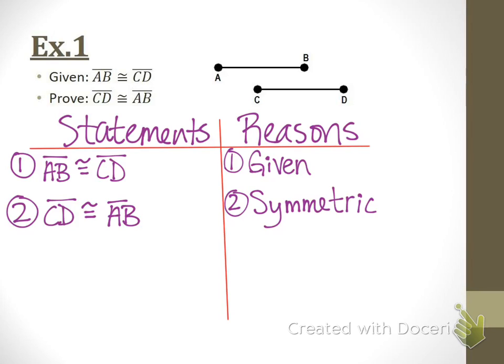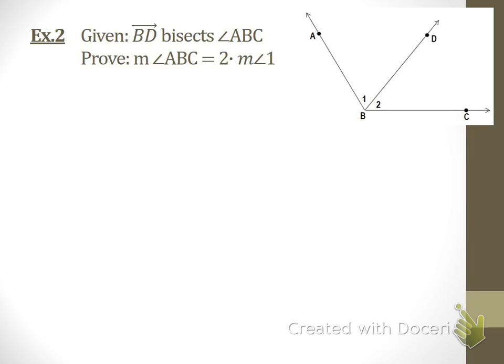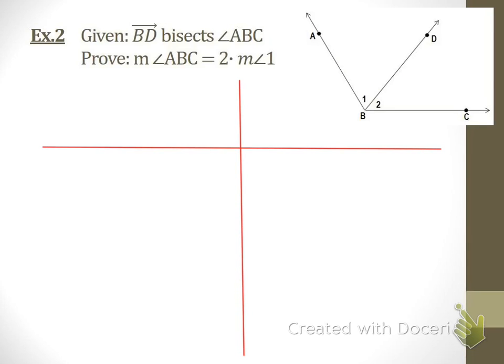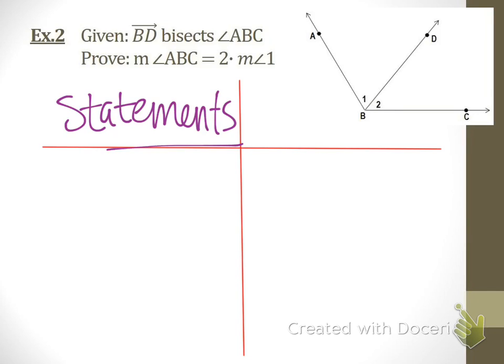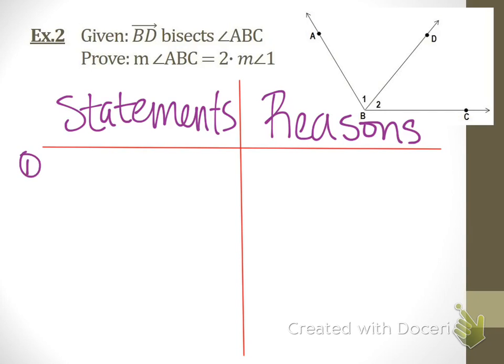Ready for another one? Okay, next one is not going to be 2 steps. However, we have done one similar to this before. Okay, your diagram is already there for you, as is your 2-column statements, reasons. You should be able to go ahead and start this because your first statement should be what?